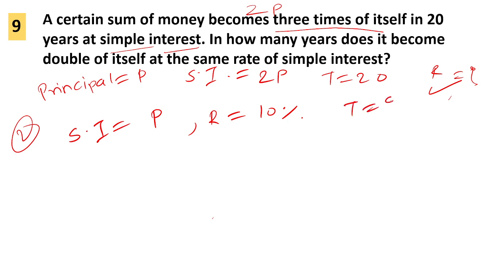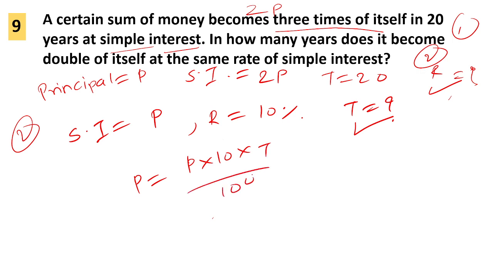So here we have to find T. We know the simple interest, we know the rate, so we can easily find T. We found the rate from the first condition, and this is the second one. So directly use simple interest equal to PRT by 100. P is P, R is 10, we have to find T, divide by 100, so we remain with 10. So T will be 10 years. I think everyone got this.